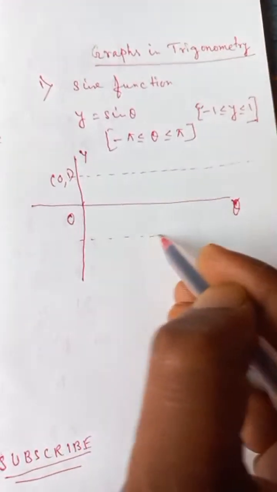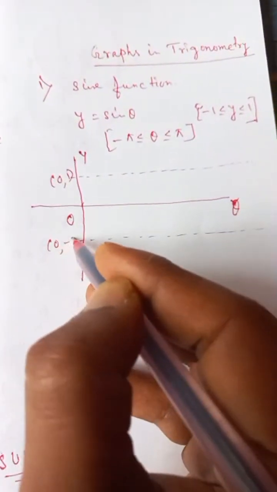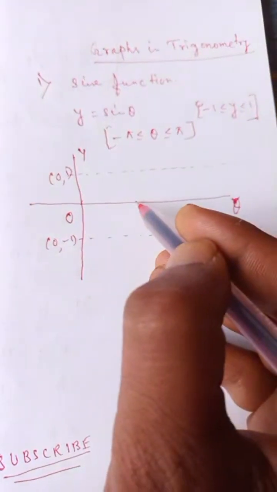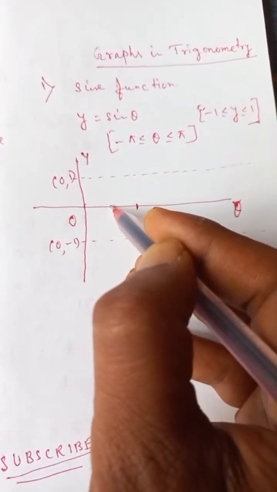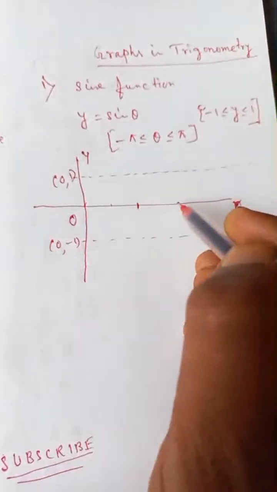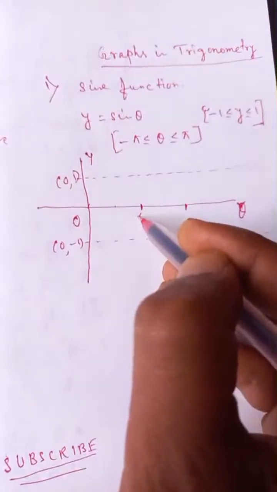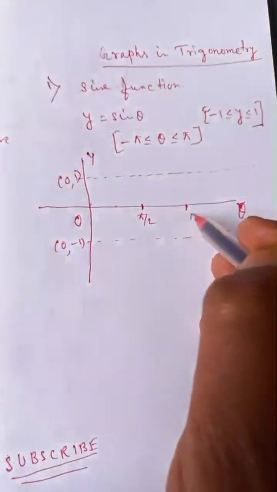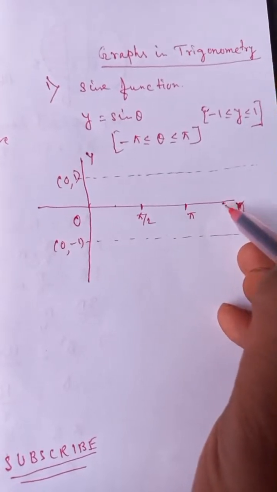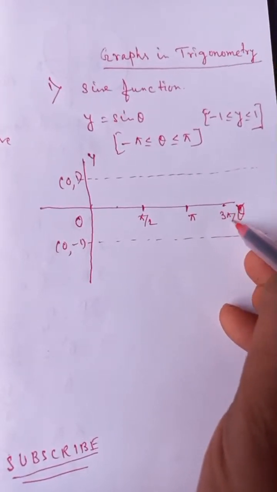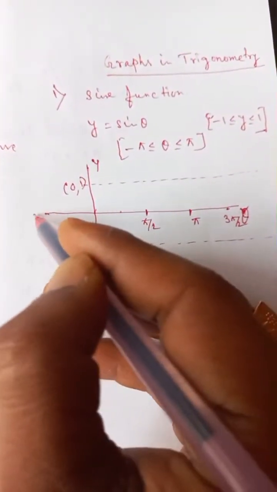Here it will be 0 minus 1. So taking this is pi by 2, this is pi, this is 3 pi by 2, and on this side this is minus pi by 2.